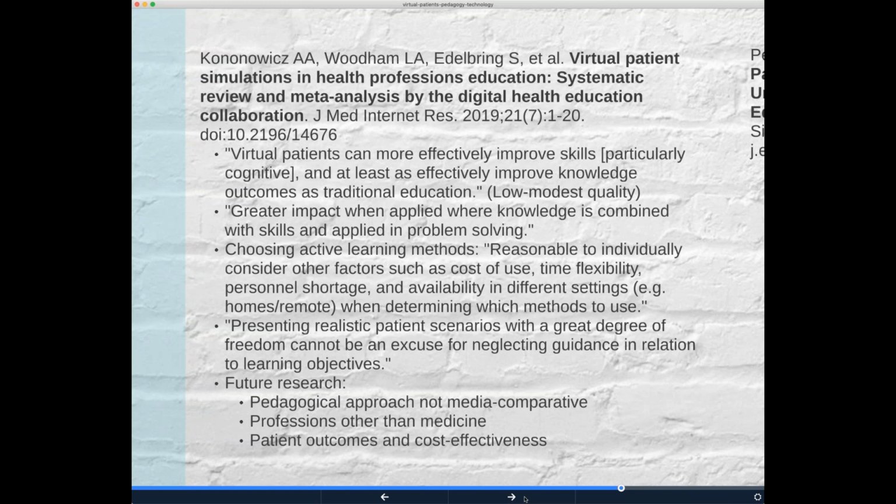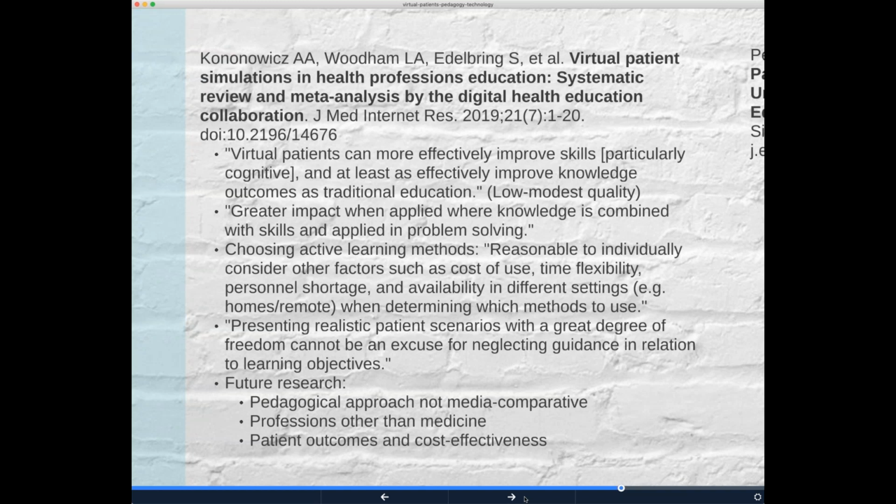The other advantage with virtual patients is we know from the clinical reasoning literature and the expertise development literature that learners become more expert at solving problems by practicing solving lots of those problems. And virtual patients allow opportunities for students to go through many more cases in a shorter period of time than what you'd be able to do in a simulation lab.